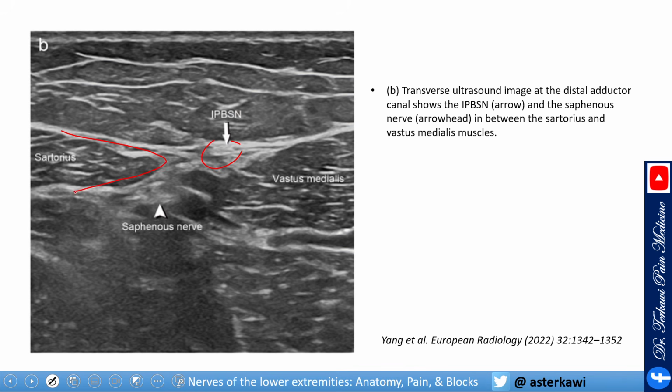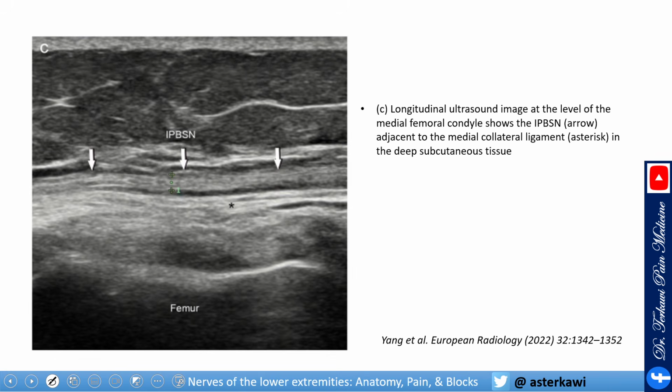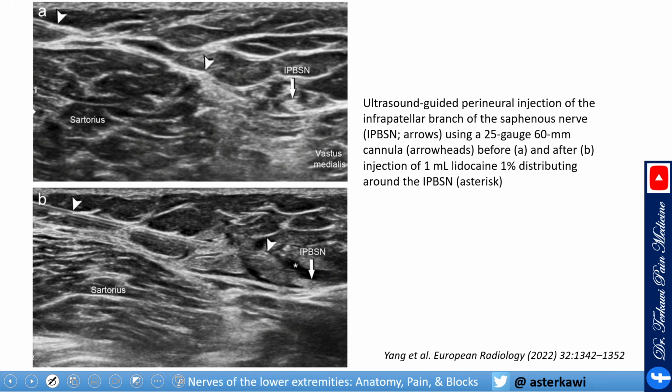So this is the sartorius, right? This is the vastus medialis. Here the saphenous is above at this level. More here, it's a longitudinal view. You see the nerve. Here are more images of the infrapatellar.